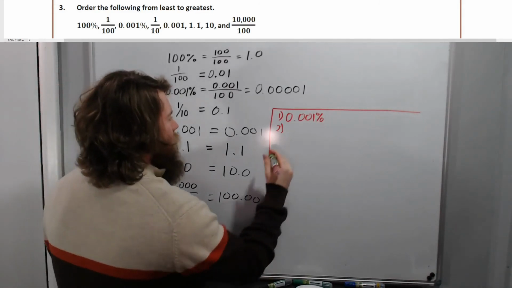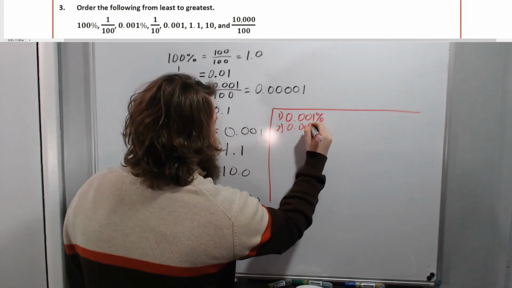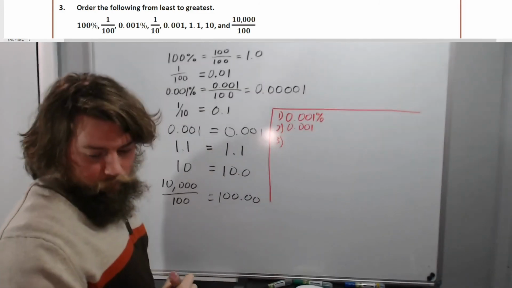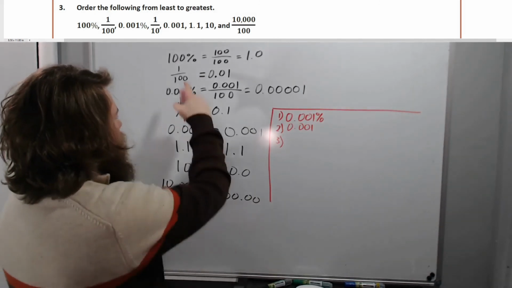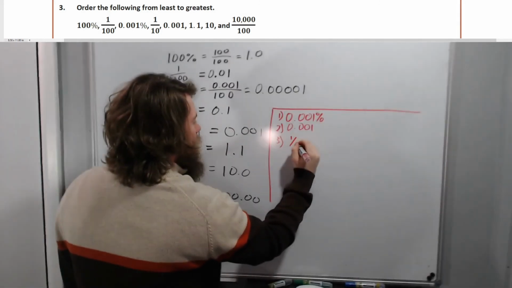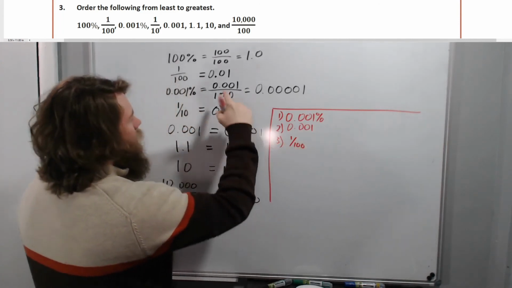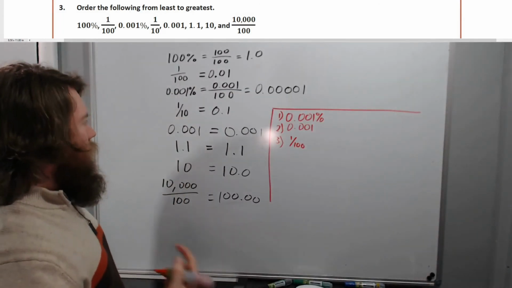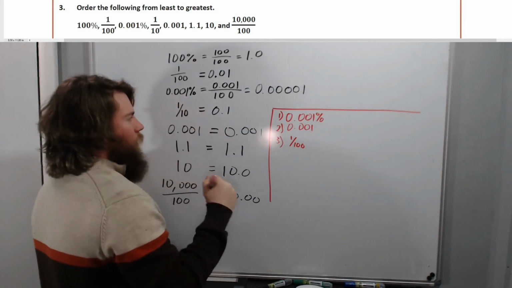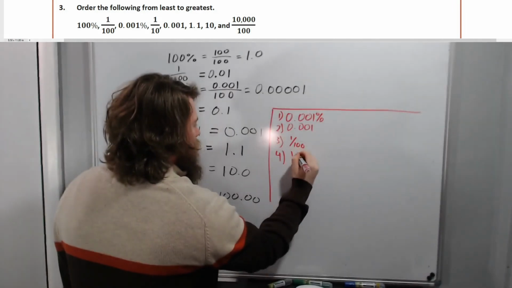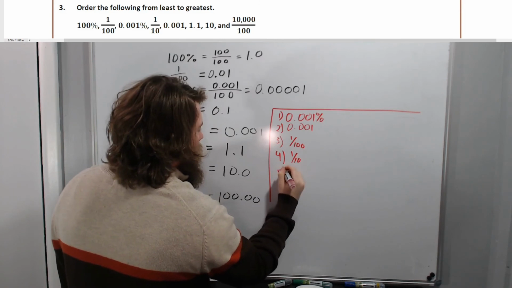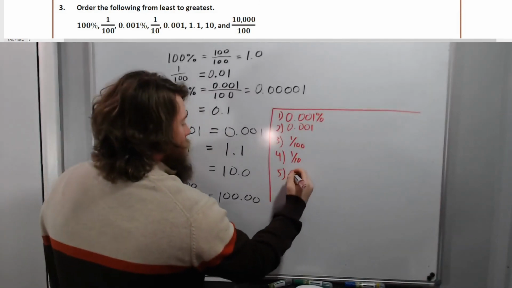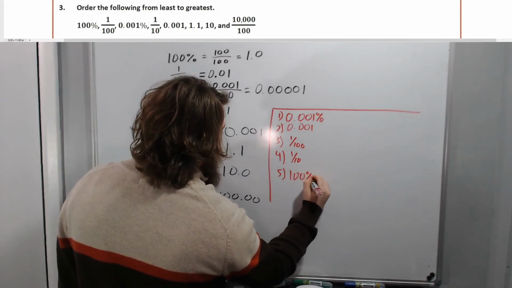Followed by 0.001. Next we have 1 over 100, because it was 0.01. Next we had 1/10, which was 0.1. Next one was 100%, which is just 1.